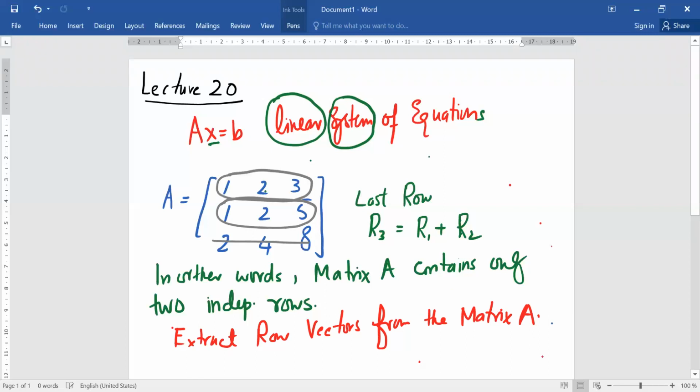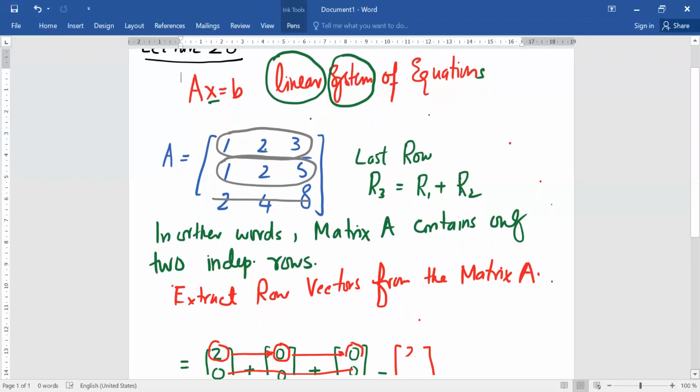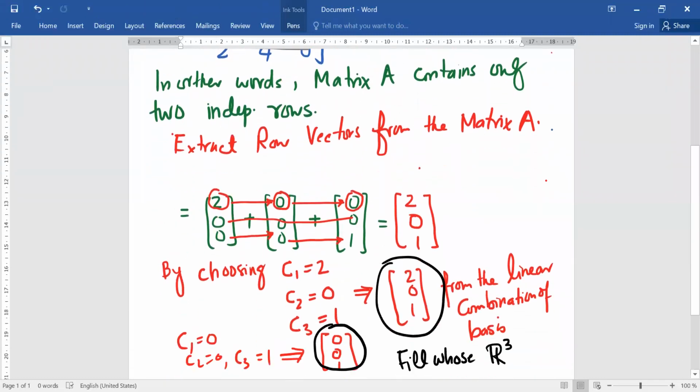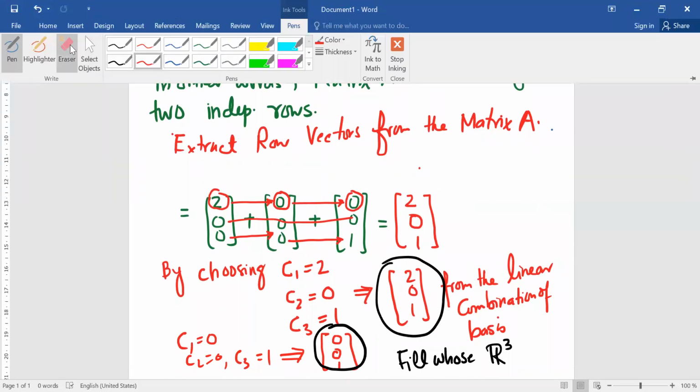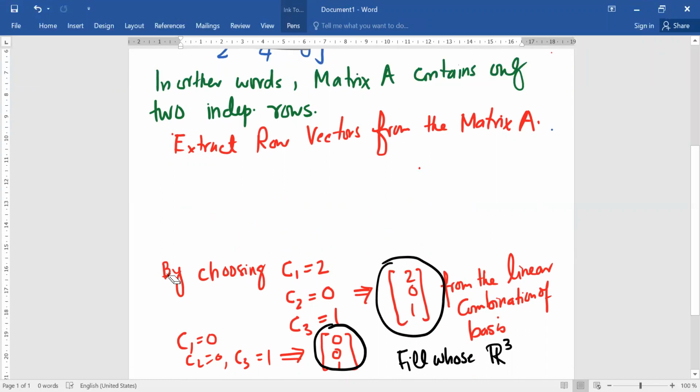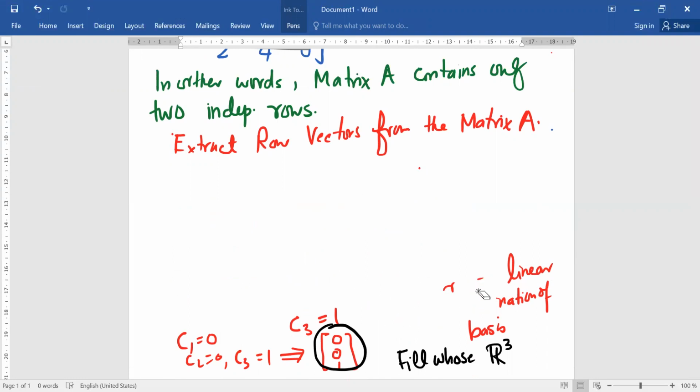You should always keep that in mind. So I'm going to extract row vectors from this matrix. I'm going to extract the rows, and I'm going to call them row vectors.